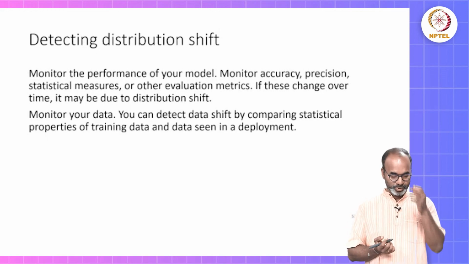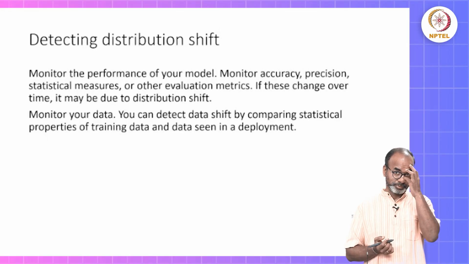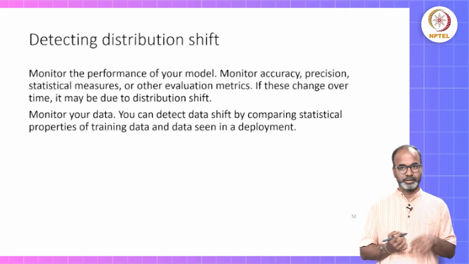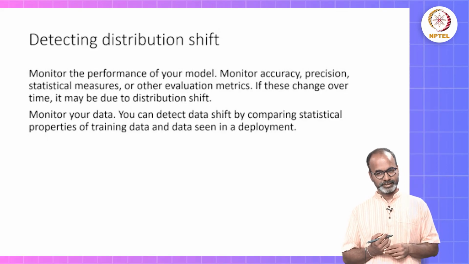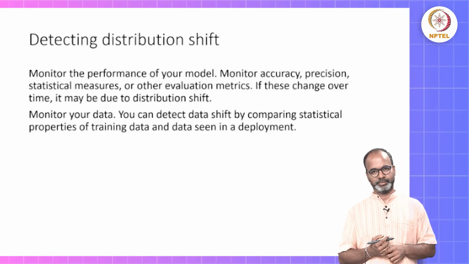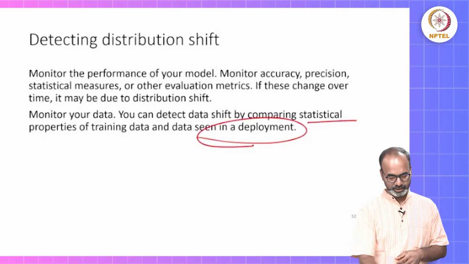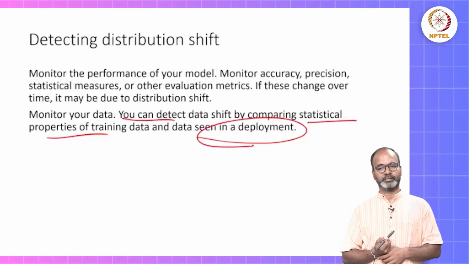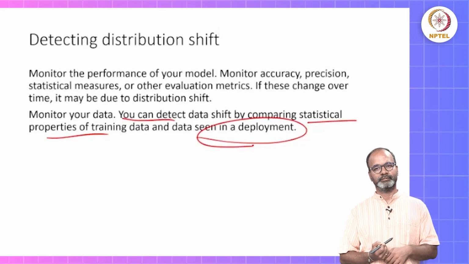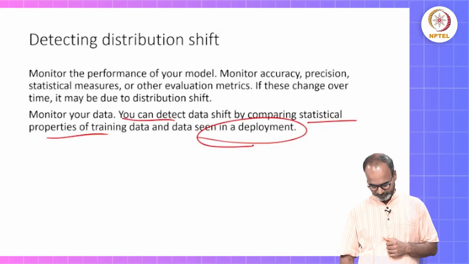If these change over time, it may be due to distribution shifts. Monitor your data. You can detect data shift by comparing statistical properties of training data and data seen in deployment. Data seen in deployment is very hard, but at least you can compare the training data to the metrics that you have, and while testing also.